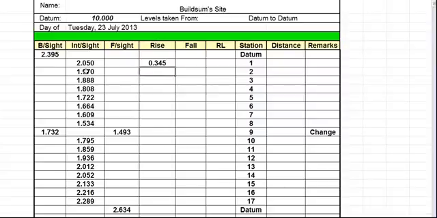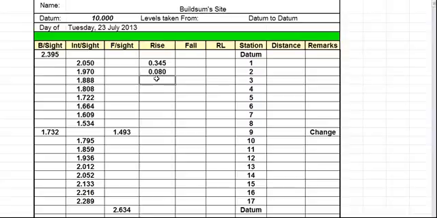Next step, we take 1.970 away from 2.050. So that gives us 0.080, an 80 mil difference. Again, a positive, so it's still in the rise column. 1.970 minus 1.888 gives us a difference of 82 mil.